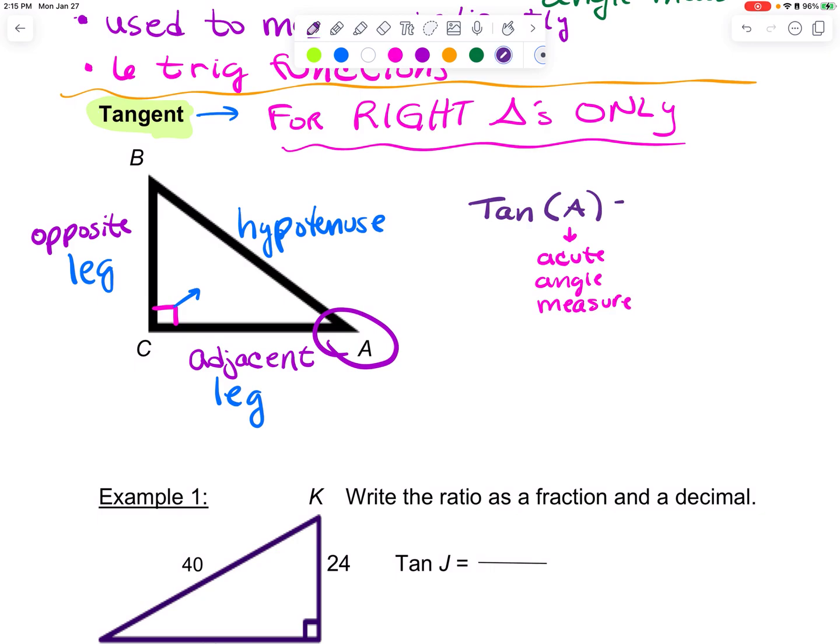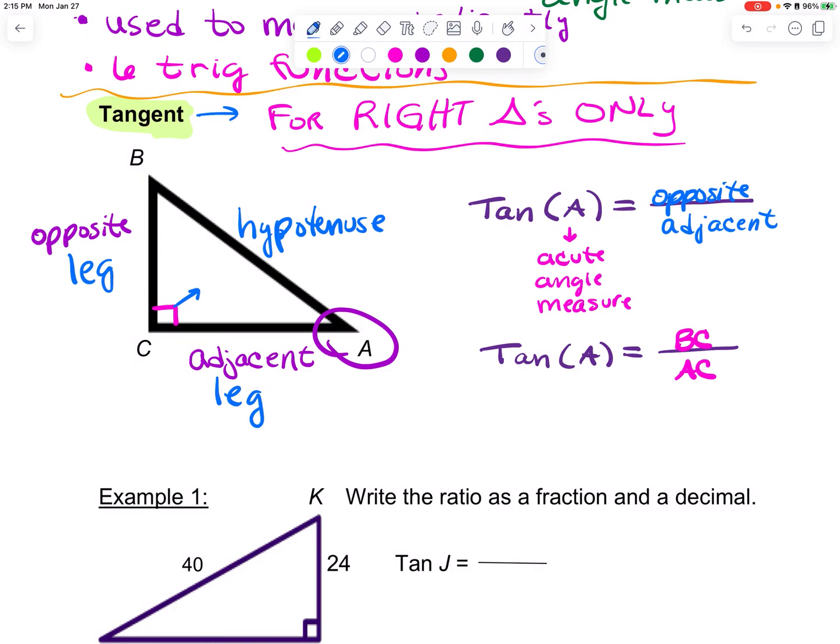And the ratio for the tangent function is going to be your opposite leg over your adjacent leg. So for example, the tangent of A is going to equal your opposite of angle A, which is the leg BC, over the adjacent, which is AC or CA, doesn't matter.